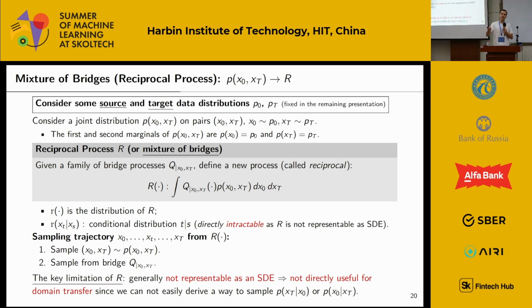What do we need to do in generative modeling? We need to take as input a point x0 and generate some point x1 corresponding to it. With this process we cannot do this, because to build the trajectory of such a process, we need to have both the input point and the end point.